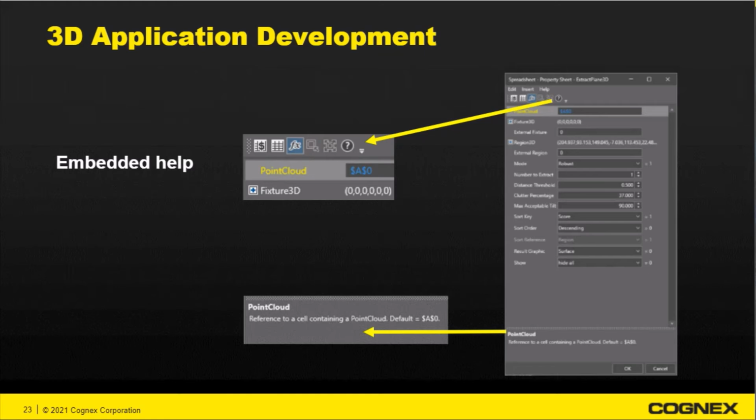Or if you would like to have an extended help, so for example, theory on how to use this tool, you will have this question mark in the upper right title bar of the spreadsheet where you can just directly click and an online help will open and show you the use cases and how to set the tool up in detail.